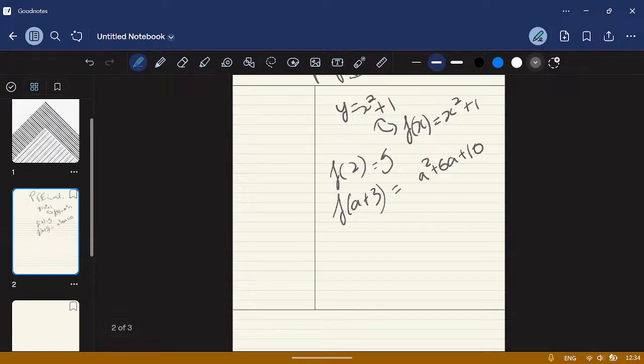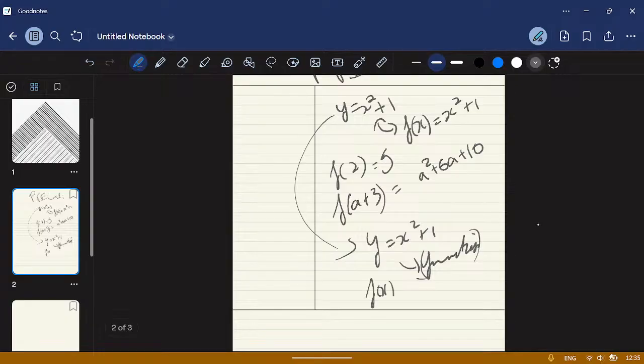Okay. A function is a correspondence between input numbers, x values, and output numbers, y values, that sends each input number x value to exactly one output number y value. Sometimes the function can be described with an equation. So this right here, y is equal to x square plus 1, this is a function, that can be represented with this.